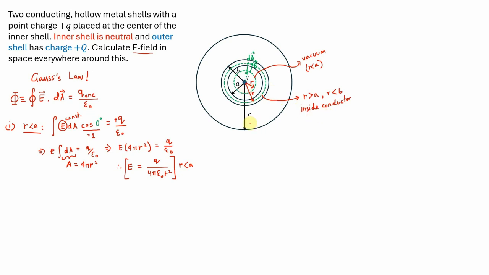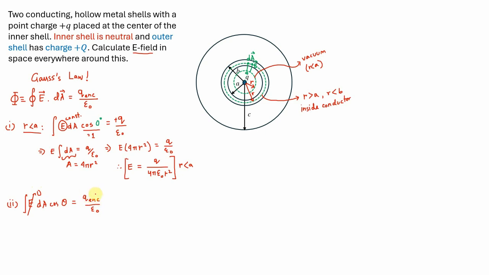All right, so let's start by just writing down the formula for Gauss's law. So we are looking for the electric field: integral of E dA cosine of the angle between E and dA, which is theta, equals Q enclosed over epsilon 0. Now I know for a fact that electric field is 0 inside a conductor.